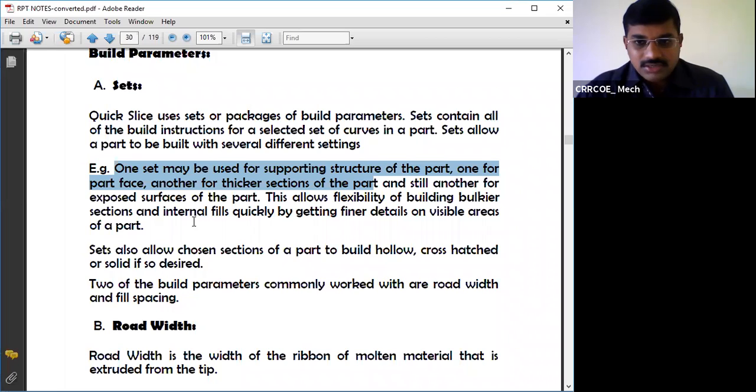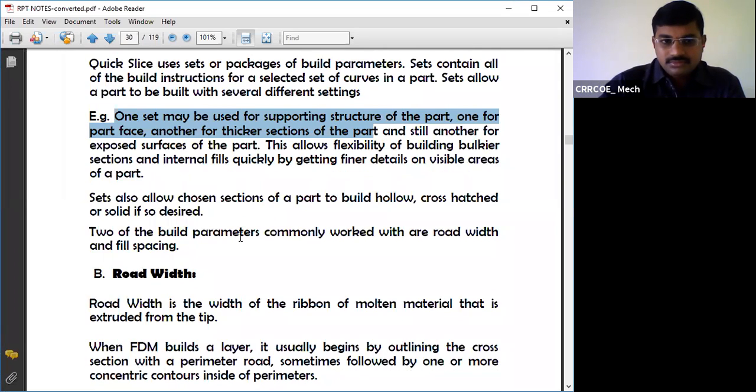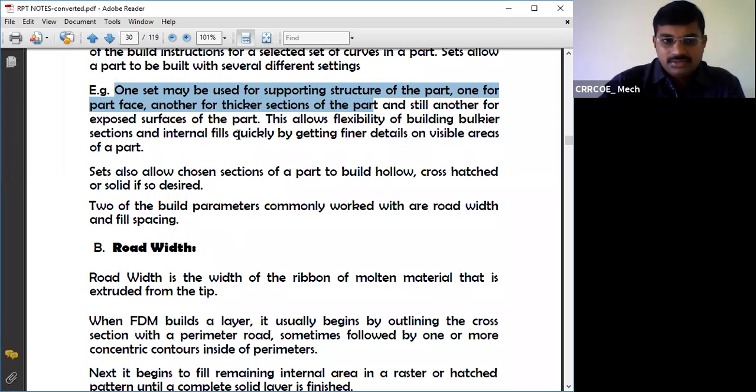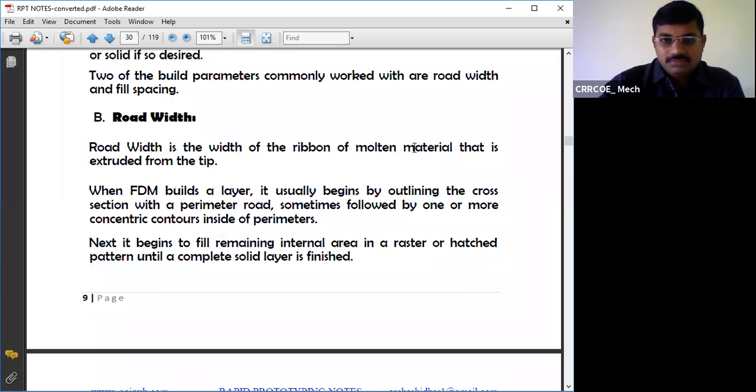Next, exposed surface of the part, that is any outer surface. Next, road width. Road width is the width of the ribbon of molten material extruded from the tip.